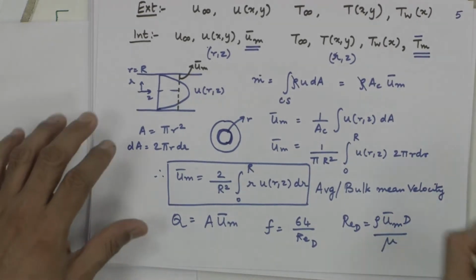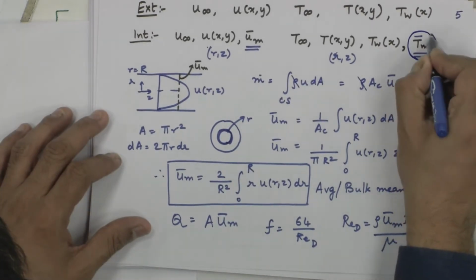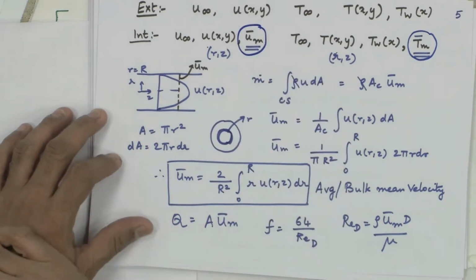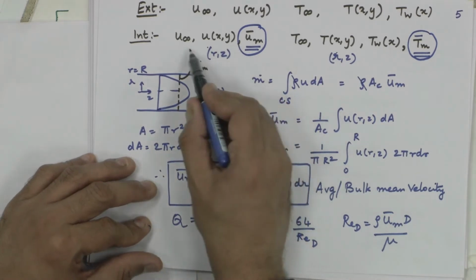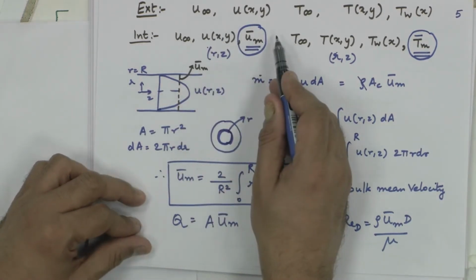So, this is the definition of the bulk mean temperature. Having defined this bulk mean temperature, we now have understood that in addition to free stream velocity, in addition to free stream temperature, we have additional quantities specific to internal flow, which are these. And therefore, I have 1, 2, 3 variables that define the velocity in internal flow.